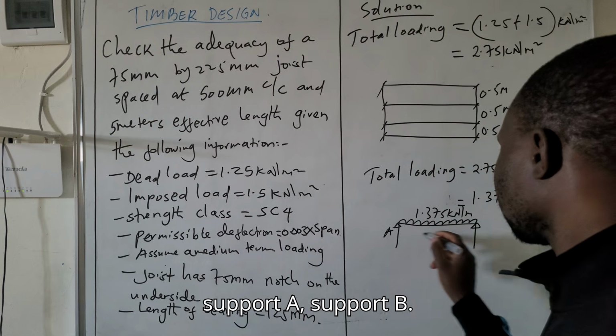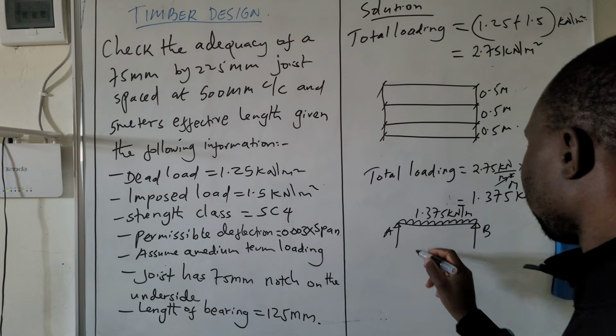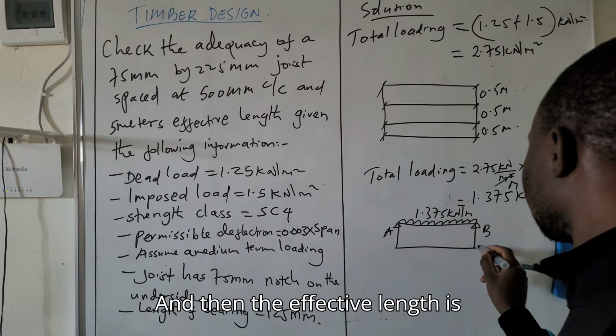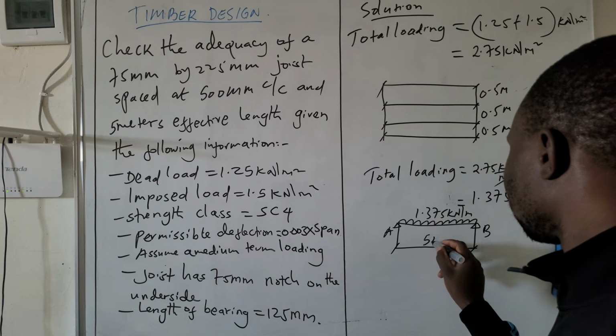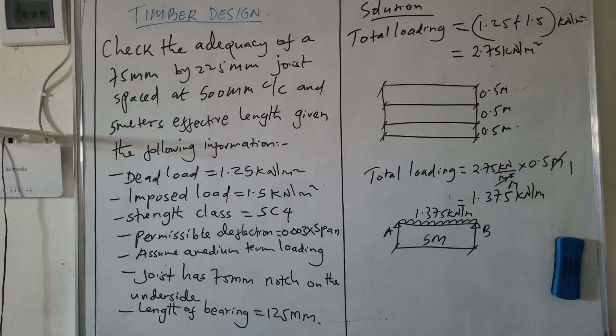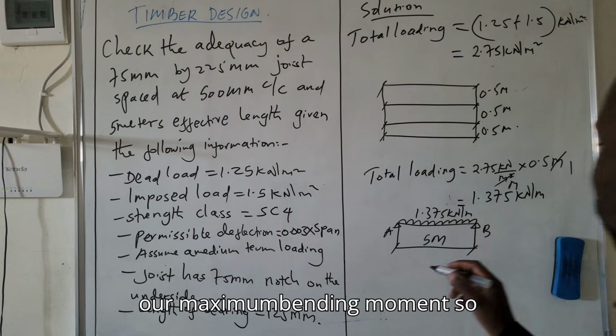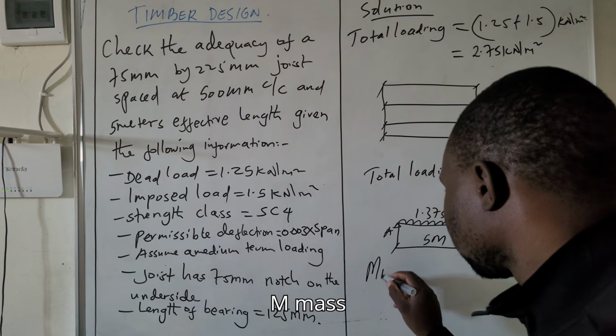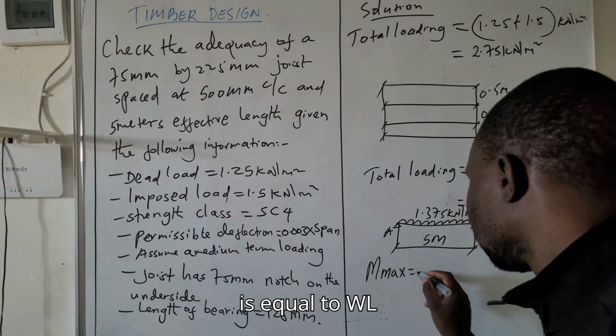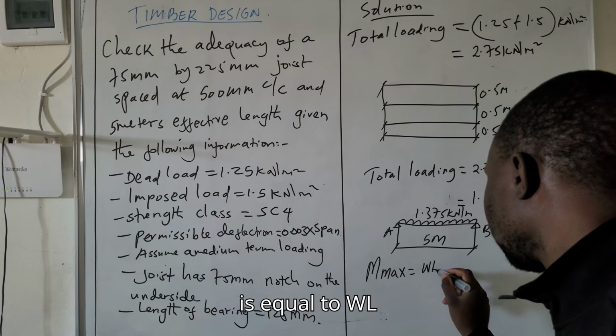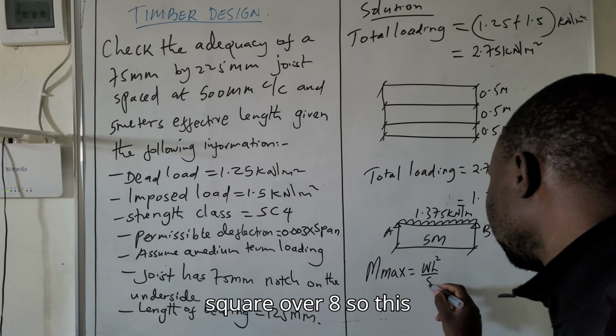This is support A, support B. And then the effective length is 5 meters. From this, we can calculate our maximum bending moment. So M max is equal to WL square over 8.